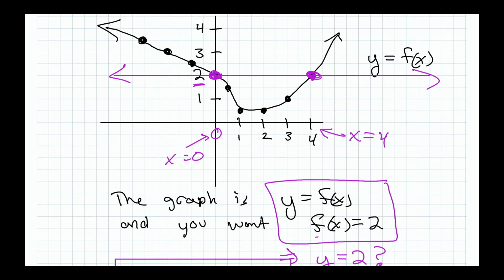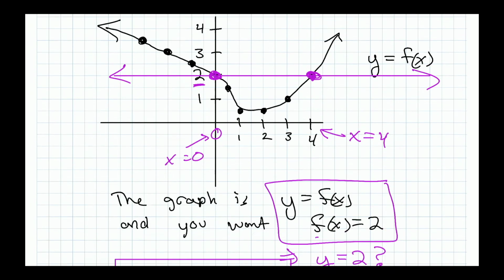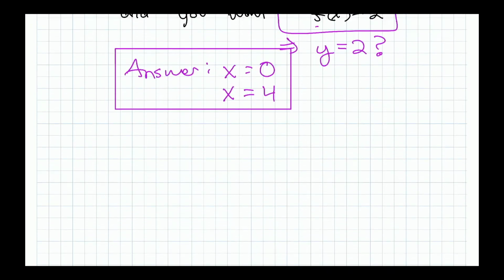All right. Now, that was if f of x equals 2. You should be able to just also use a graph to just evaluate a function. So like if I say just something like this, using the same graph, I can just say find, let's say, f of 1 and f of 2.